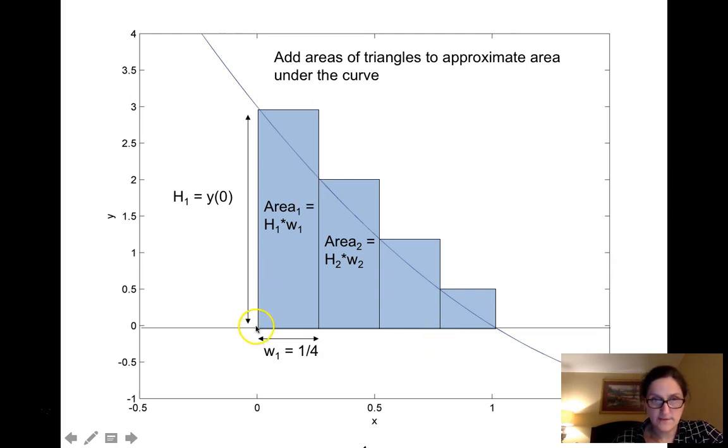On each interval, I'm going to draw a little box. This is the value of this function at this point, and I'm just going to approximate this function on this entire interval with this value. This gives me a very simple area: this height times this width. And I can sum up all of these areas. Obviously, I'm making a mistake.